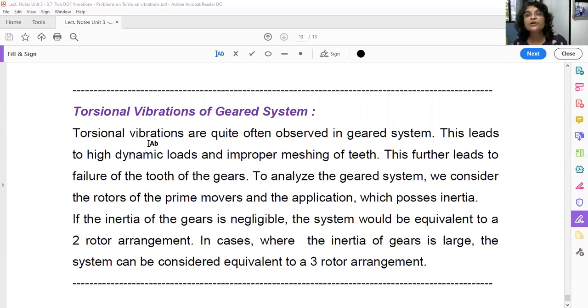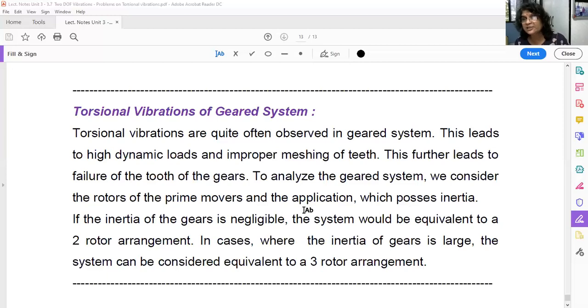We'll read here. Torsional vibrations are quite often observed in geared system. This leads to high dynamic loads and improper meshing of teeth. So this further leads to failure of the teeth of the gears if this dynamic load increases. To analyze the geared system, we consider the rotors of the prime movers, which may be a motor or turbine, and the applications, which possess inertia.